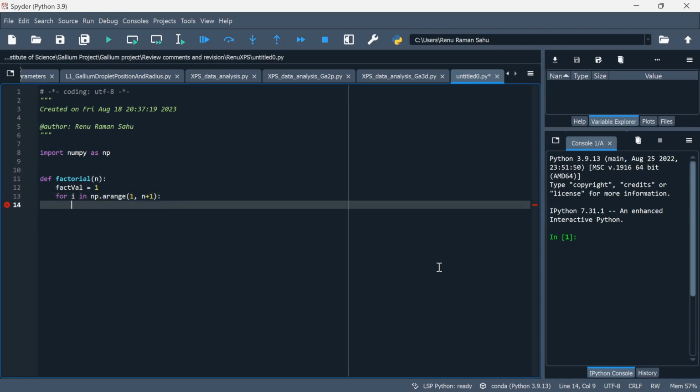I'm just writing a code to show you that part.